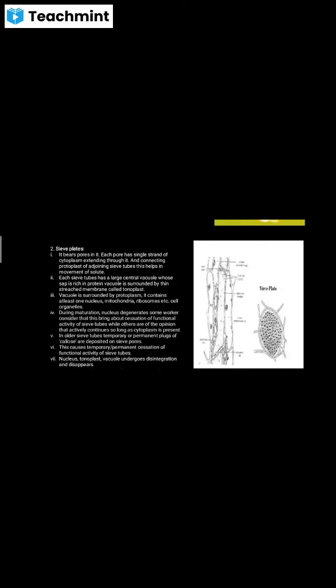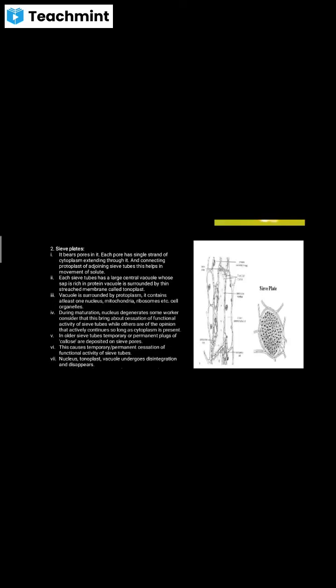In older sieve tubes, temporary or permanent plugs are made, which are also called callus, and they are deposited on the sieve pores. If the callus plugs the pores, that means permanent plugs.